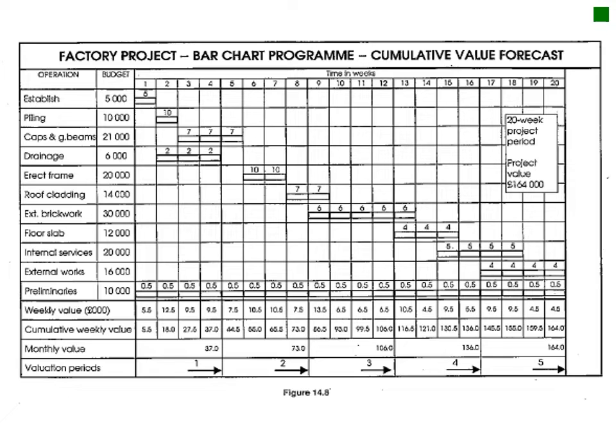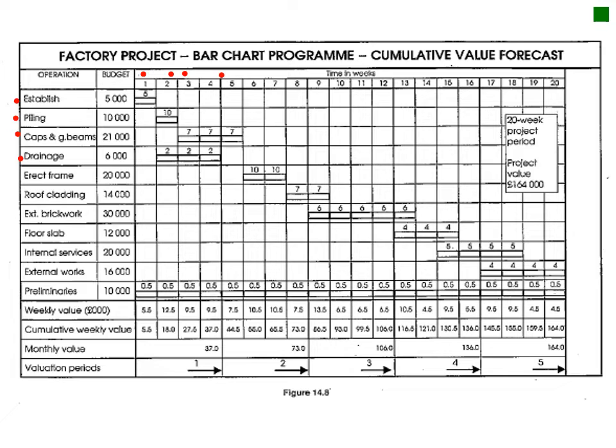Okay, then you get to your bar chart cumulative forecast, and this is something that you guys will have to be able to do. So you should be able to actually go and plot this. It's very easy. You've got your program here on the left, and then you've got your time in weeks or months or whatever, and the expenditure or weight that you do allocate to it.